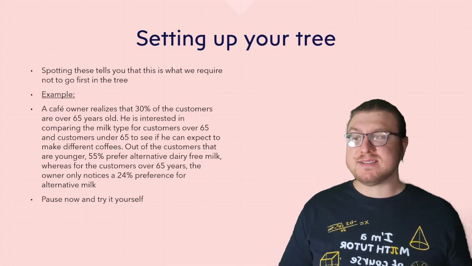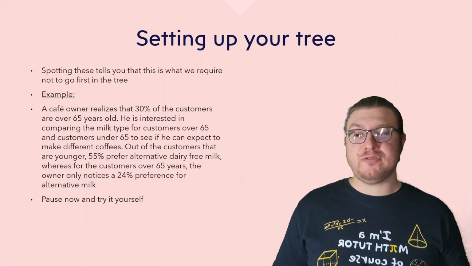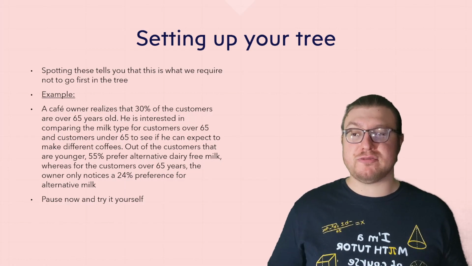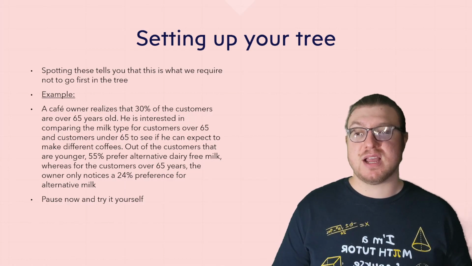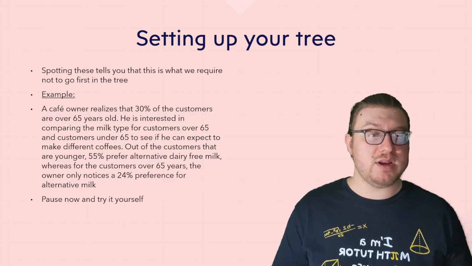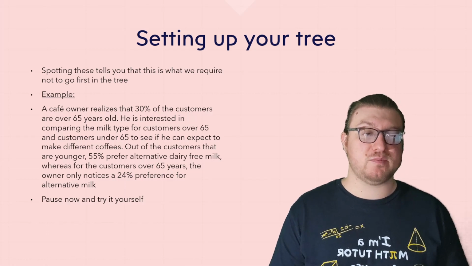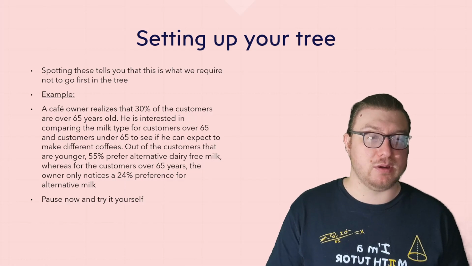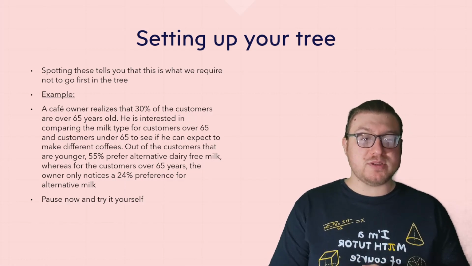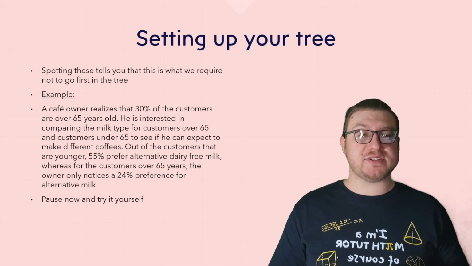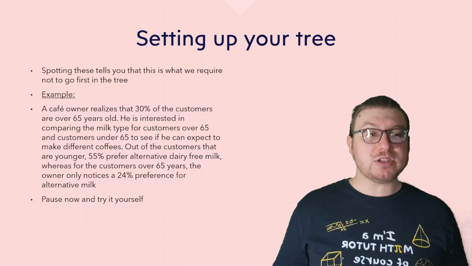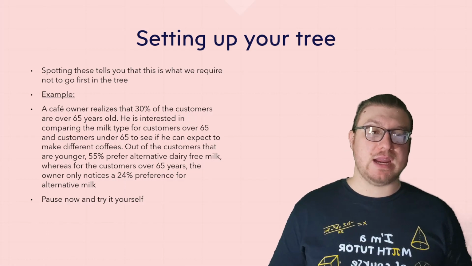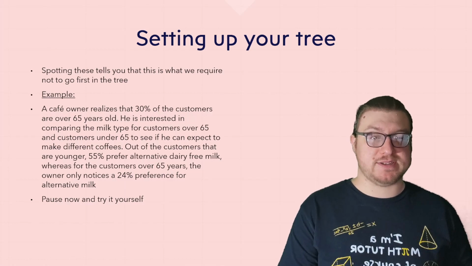Out of the customers that are younger, 55% prefer alternative dairy-free milk, whereas for the customers over 65 years, the owner only notices a 24% preference for alternative milk. Now, pause the video and try it for yourself. What is the given information here? What could be the first path in your probability tree, and what's the second?